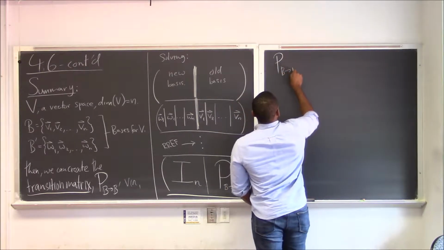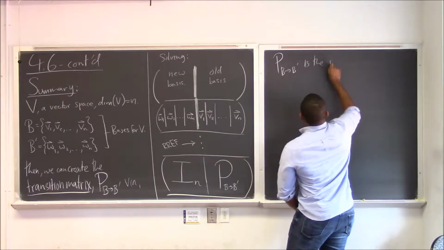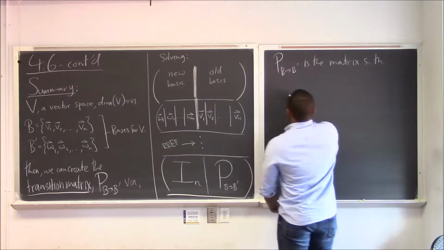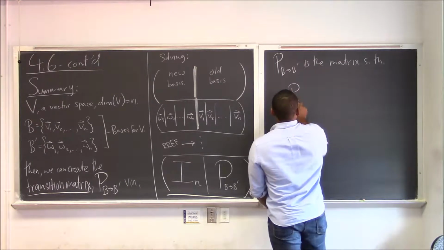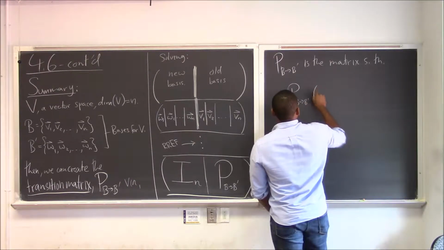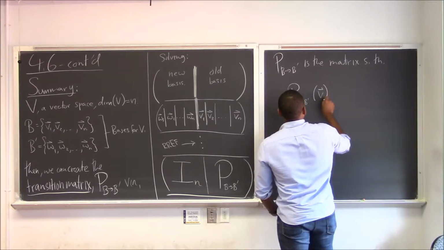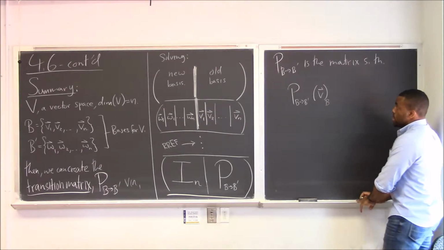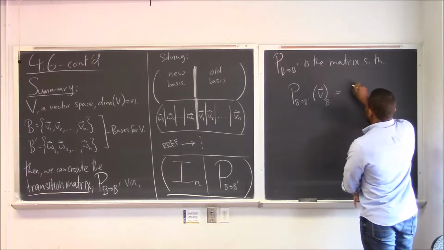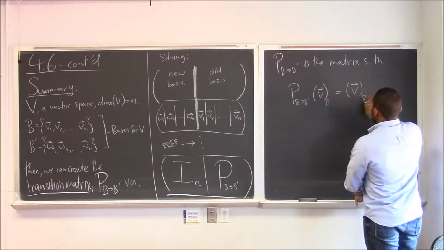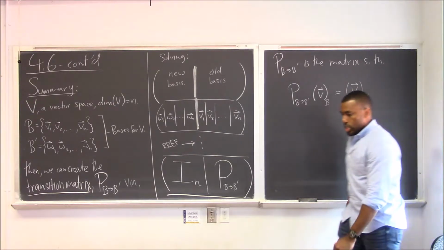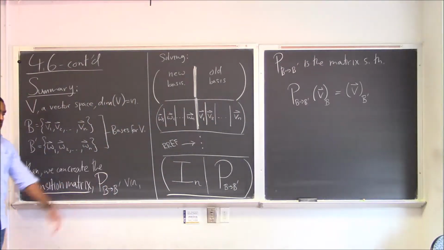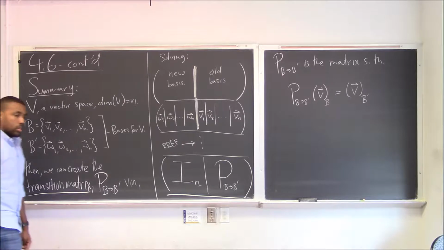And P from B to B prime is the matrix such that if you take that guy and you multiply it by any vector that is written in terms of the coordinates with respect to the basis B, the output will be that vector with respect to the coordinates B prime. So you can change coordinates from one coordinate system to another by multiplication via a matrix, by the transition matrix that switches from one to the other.